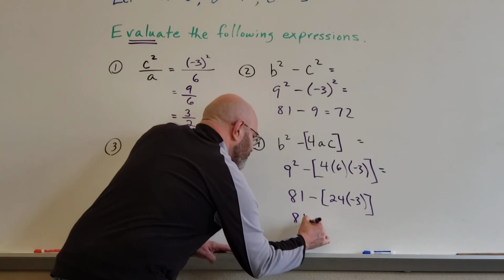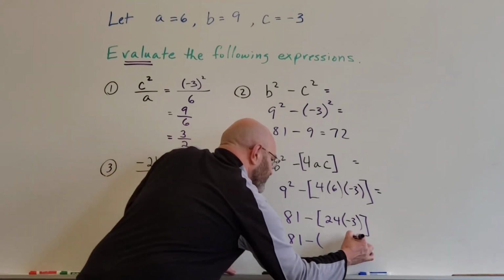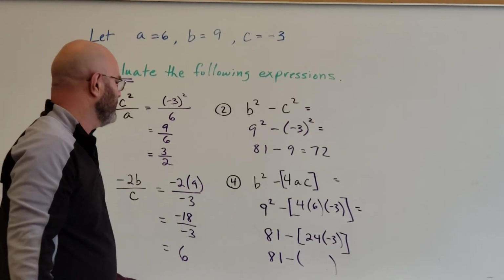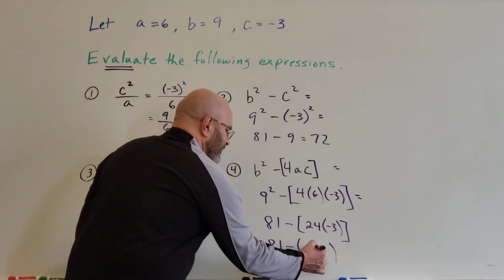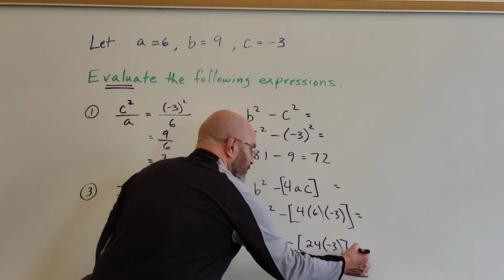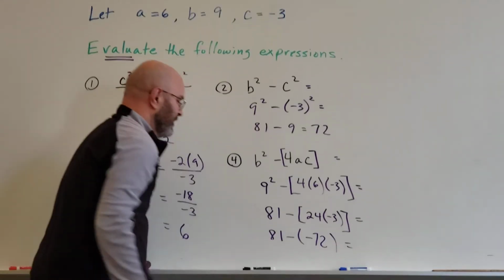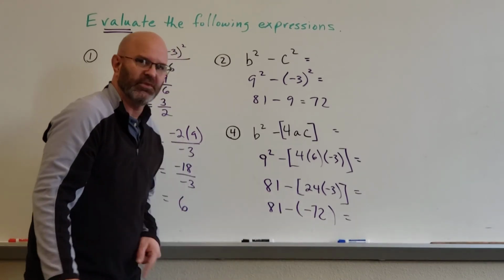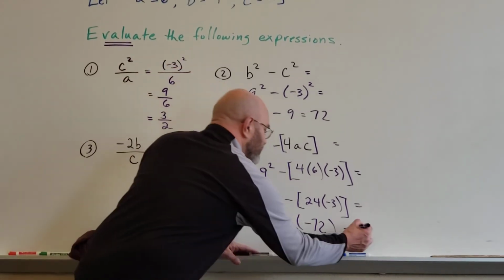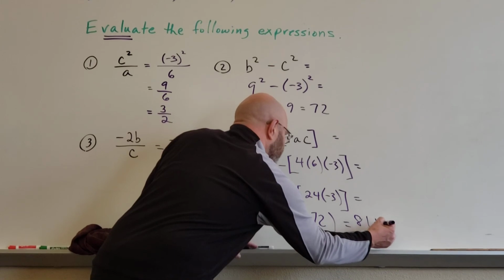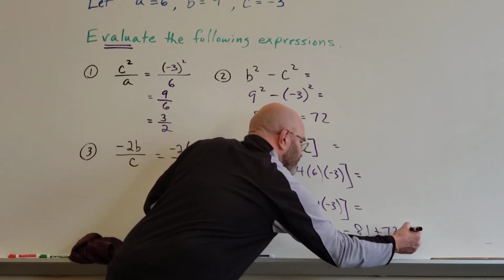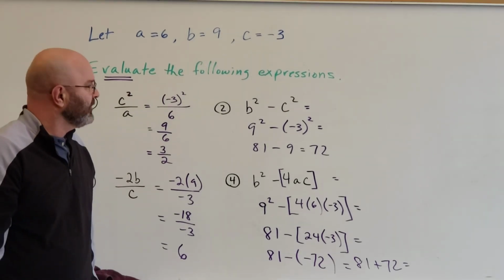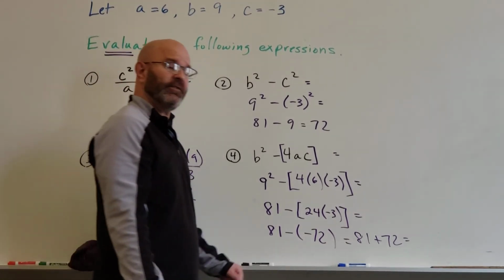This is 81 minus, and now if I multiply 24 times -3, that gives me -72. So this is tricky. We now have 81 minus a negative number. That's the same thing as 81 plus 72. So on this tricky example, we have to add 81 and 72 together, and I think that's 153.